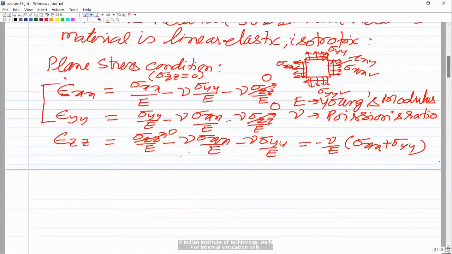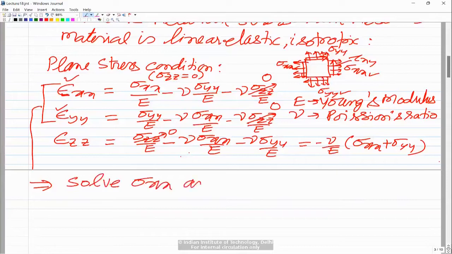So if you look at these two equations, they are relating epsilon xx, epsilon yy and sigma xx and sigma yy. So it is relating these two quantities. So we can solve this equation for sigma xx and sigma yy. So that means express sigma xx and sigma yy in terms of epsilon xx and epsilon yy. So basically solve these two equations for sigma xx and sigma yy.